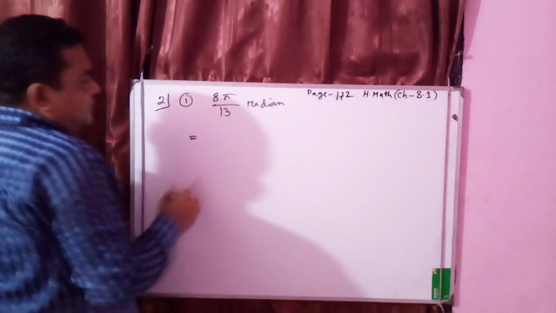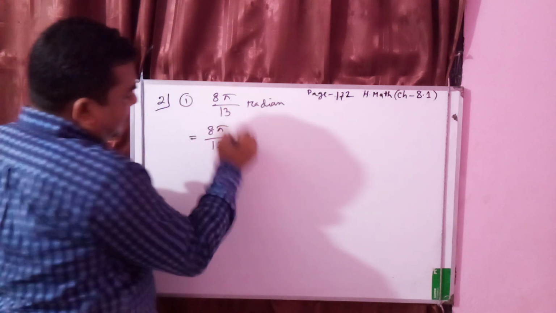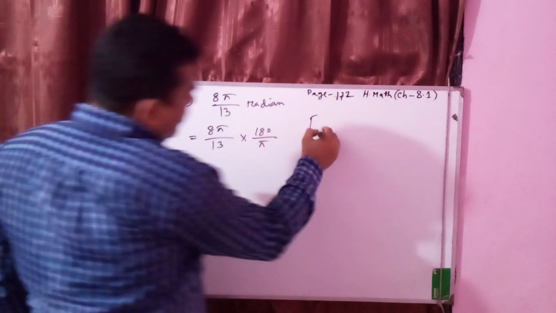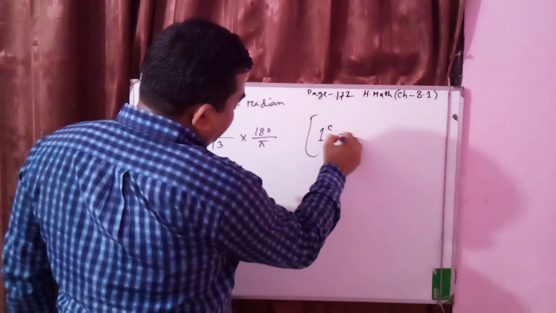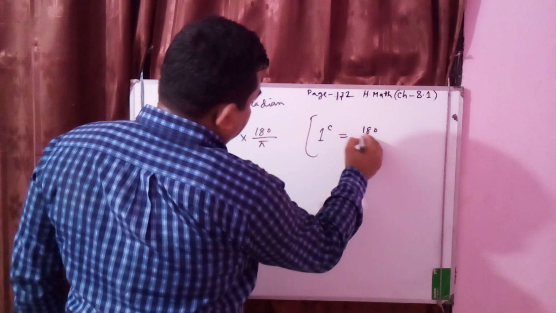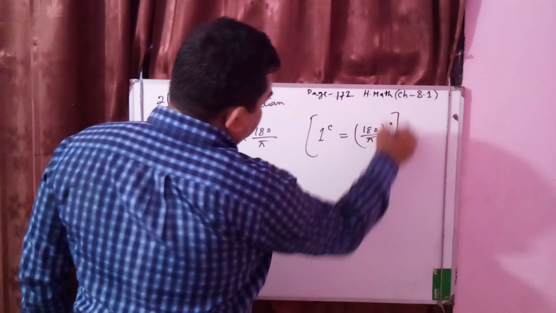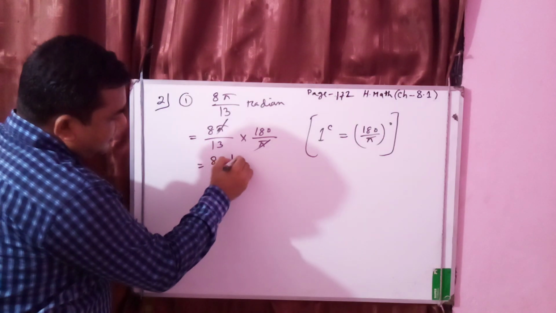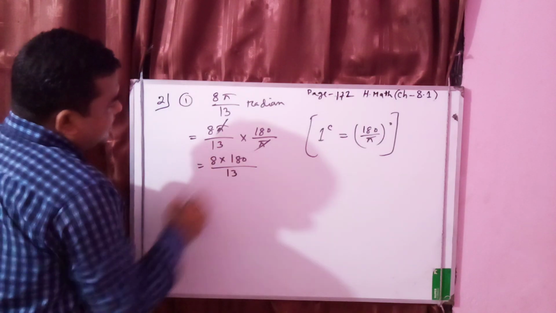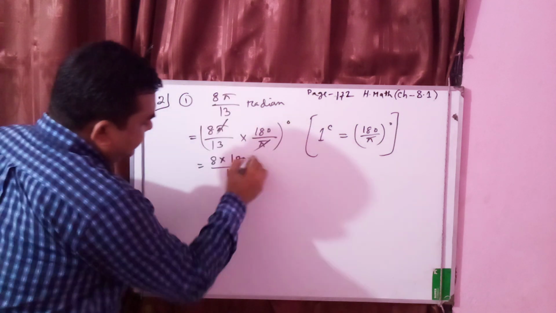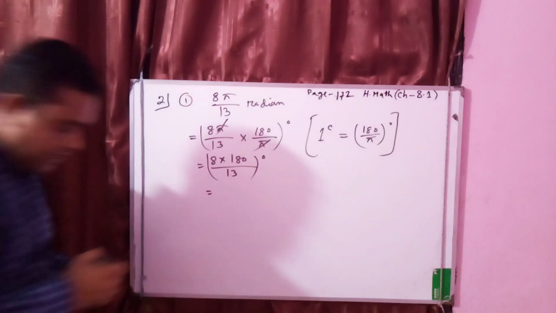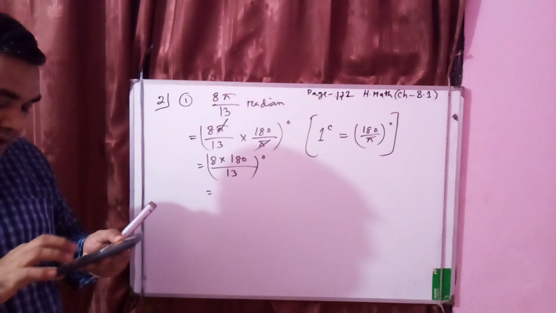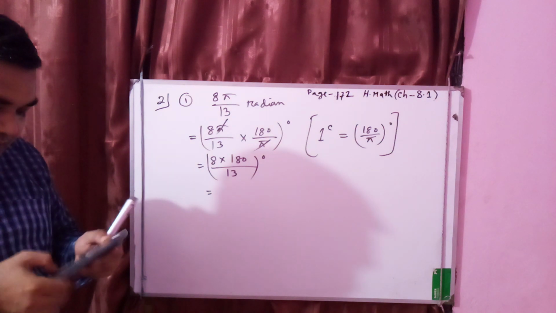We write 8 pi by 13 multiplied by 180 by pi, since 1 radian equals 180 by pi degrees. So pi cancels, and we get 8 into 180 divided by 13. Now we use a calculator to calculate 8 multiplied by 180 divided by 13.